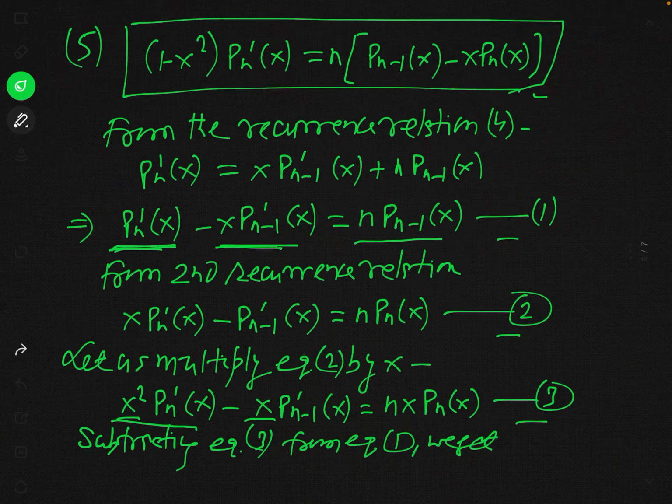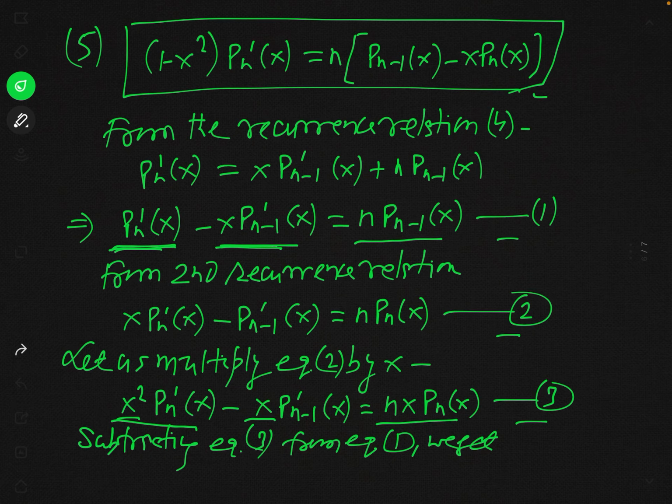In equation 1 the RHS is n into Pn minus 1 of x, and in equation 3 the RHS is nx into Pn of x. So only n will be a common factor, and the remaining factor will be Pn minus 1 and minus x Pn.